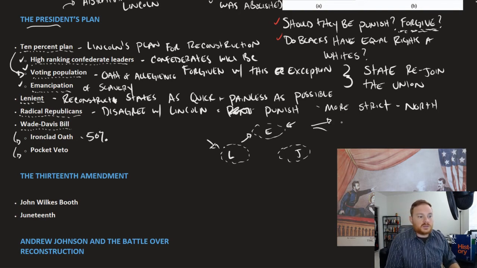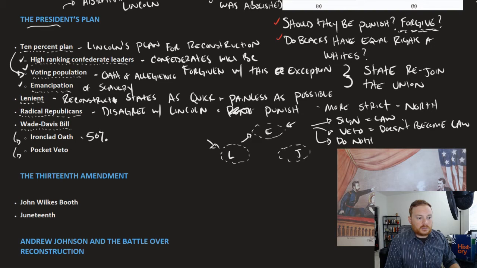The president can either sign the bill, which makes it a law. He can veto it, which means it doesn't become a law. But there's actually one more option that the president can do, and that is do nothing.